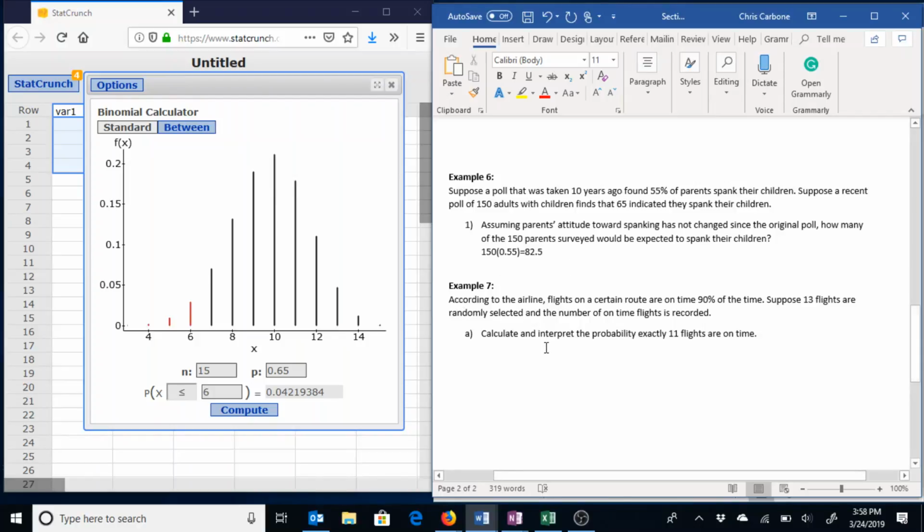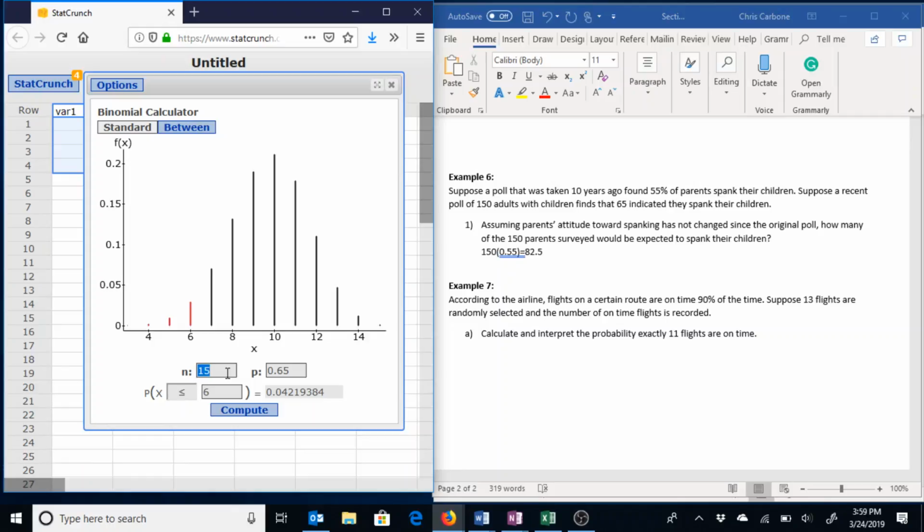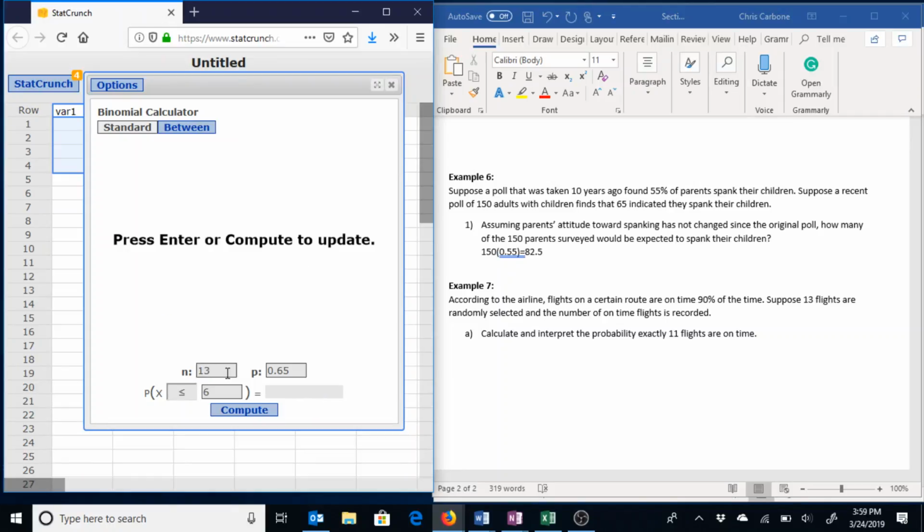And then finally, for the 90% of flights are on time, suppose 13 are randomly selected. We want exactly 11 being on time. So we have a sample size of 13. Probability of success is 90%. And we want exactly, so equal to 11.